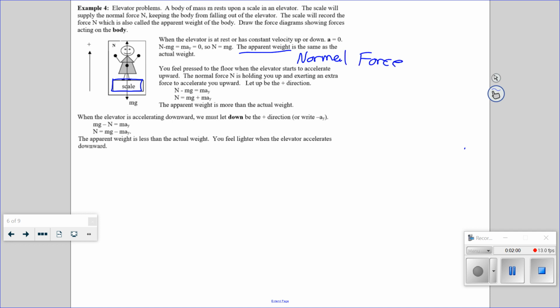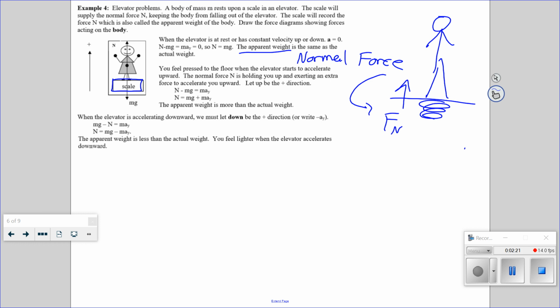There's a spring under there, and it tells you how much force the spring has to exert up on you to stop you from smashing the spring anymore.